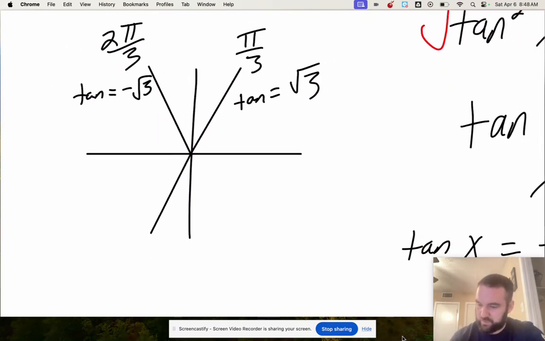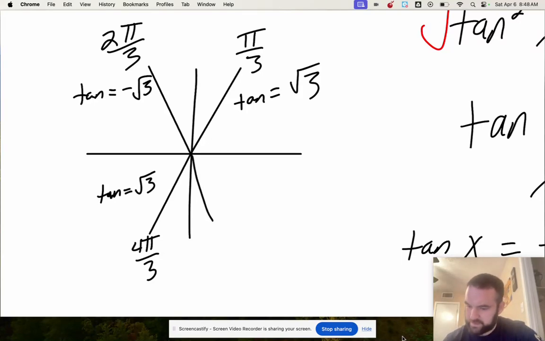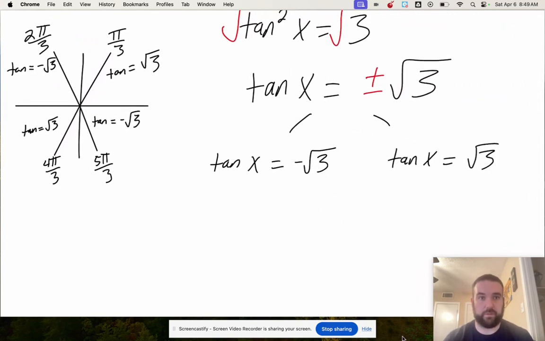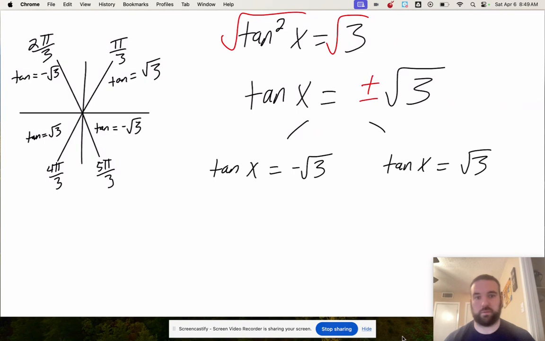Down in quadrant 3 at 4 pi over 3, I have tangent is back to being positive root 3 because I have a negative divided by a negative for y and x. And then over here at 5 pi over 3, the tangent is back to negative root 3. So that's actually all of my angles for both positive and negative root 3.